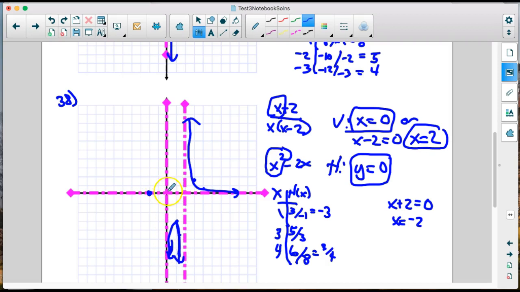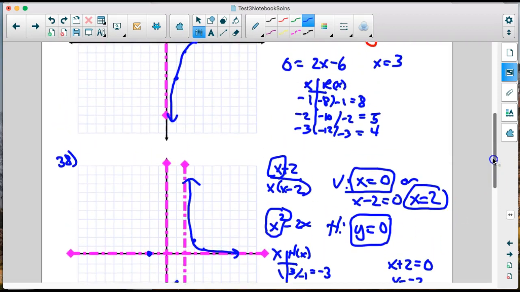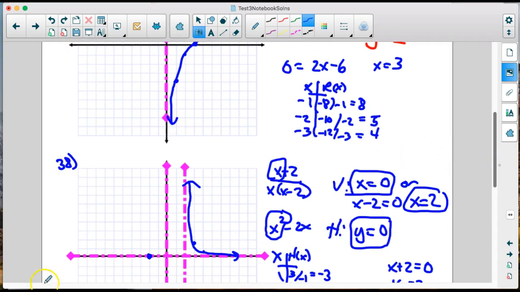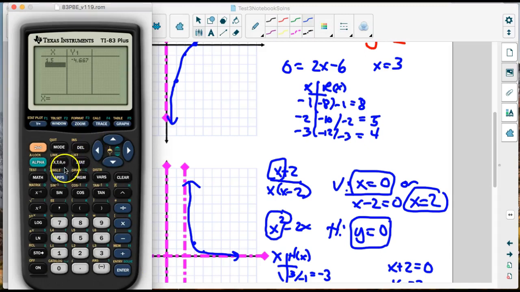Now over here, let's go back to the graphing calculator. We can then, if we want to stick in some values like -1, we can put those in. So that's 1 and that's 1/3.